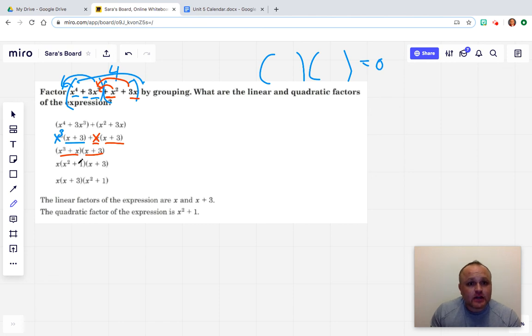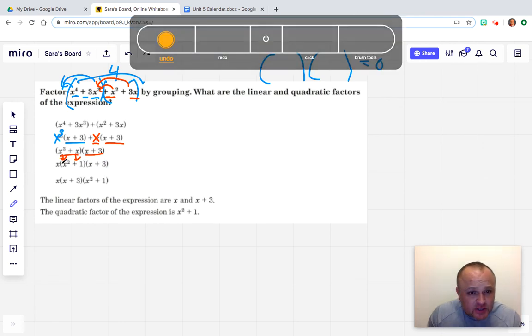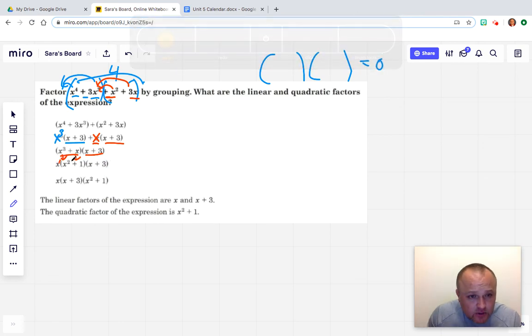Okay? So now, notice what we can also do. I can pull out even further an x, so that this would reduce to x squared plus 1. So this is our most factored piece. How do I know to stop there? Because it's x to the 1, parentheses to the 1, parentheses to the 1. And we've talked about that last class. Okay?